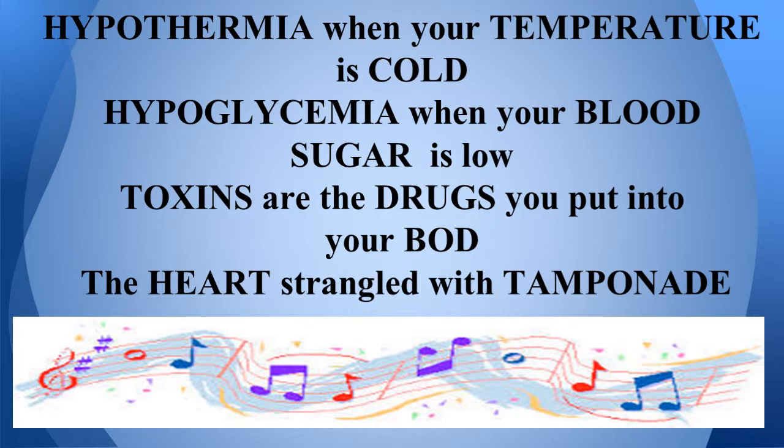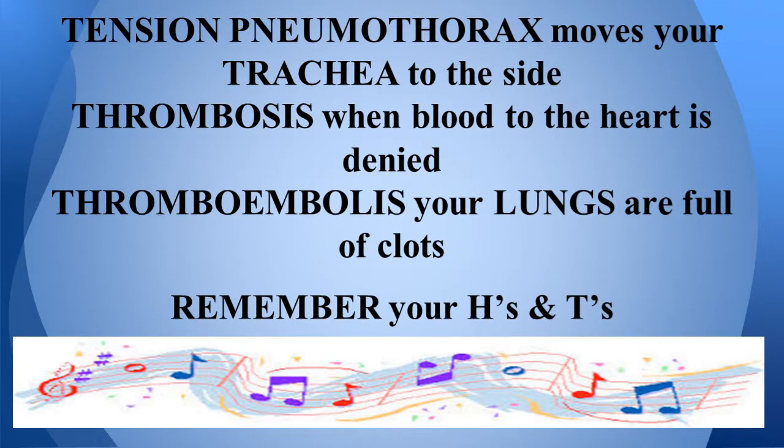Toxins are the drugs you put into your blood. The heart strangles, or tamponade. Tension pneumothorax moves your trachea to the side. Thrombosis, when blood to the heart is denied. Thromboembolus, your lungs are full of clots. Remember your H's and T's.